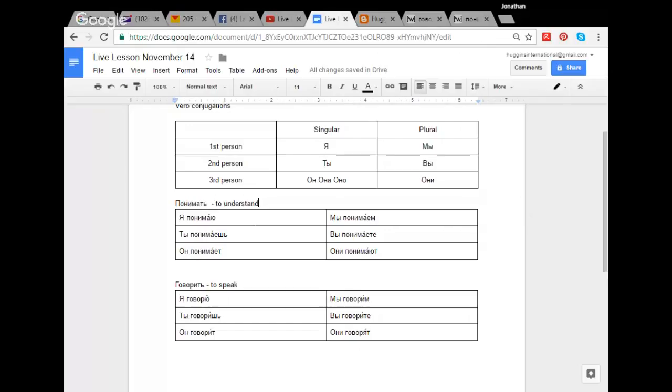Actually, soft vowels and hard vowels influence the consonant before them. So if you have, for example, brat and brat, like brother and to take.